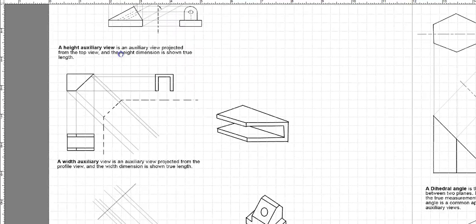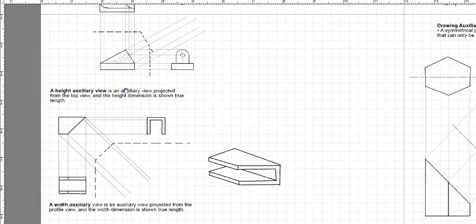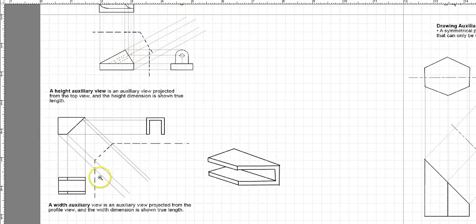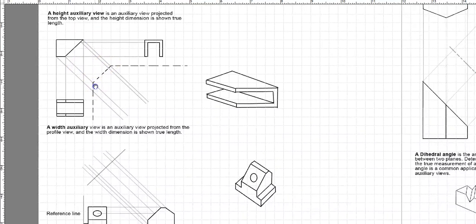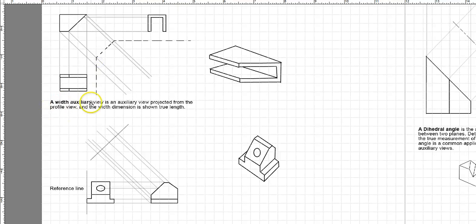Now in the height auxiliary view, you see the difference between this one and this one. In the height auxiliary view, the auxiliary view is projected from the top view rather than the front view. So that's the main difference between these two. And when I get to the third one, the width auxiliary view is the one where it is projected from the side view or the profile view.